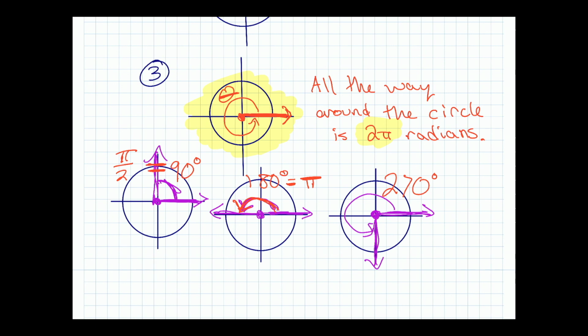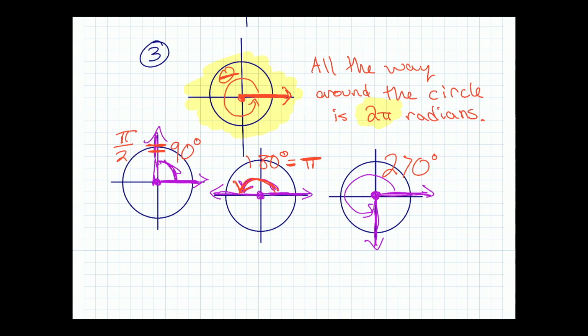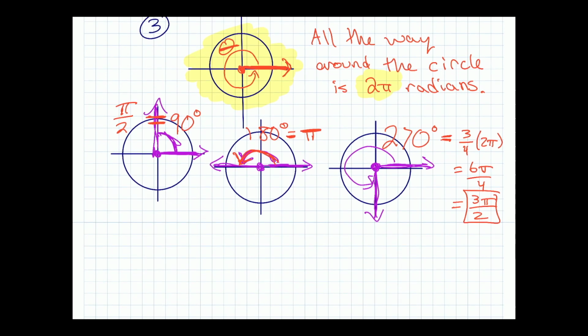Third one, 270 degrees, that's 3/4 of the circle. If you do 3/4 of 2 pi, what you're going to get is 6 pi over 4, which is 3 pi over 2. Okay? And so that's a couple of basic angles.